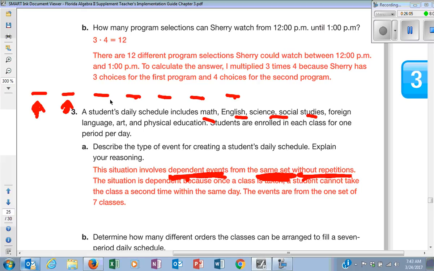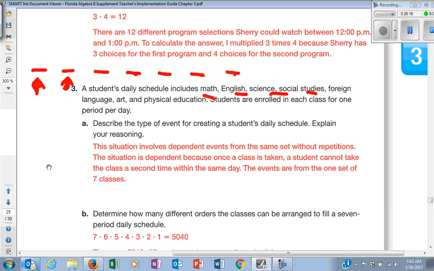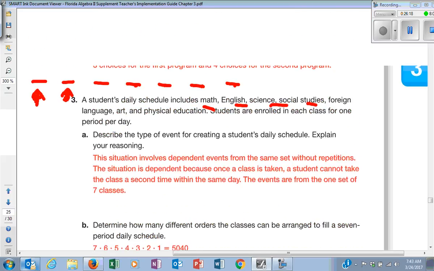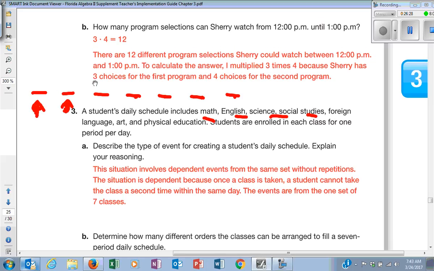Now the situation is dependent because once a class is taken, a student cannot take the class a second time within the same day. We know there's exceptions to that, but the events are from one set of the 7 classes. So determine how many different orders of classes can be arranged. So what's going to go in this gap? 7, 6, 5, 4, 3, 2, and then 1.